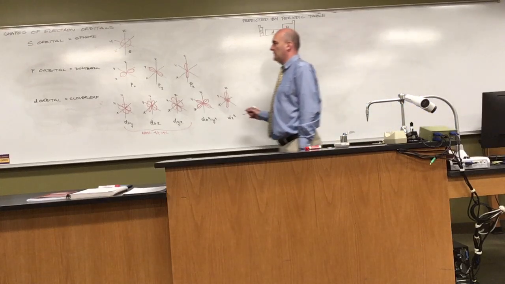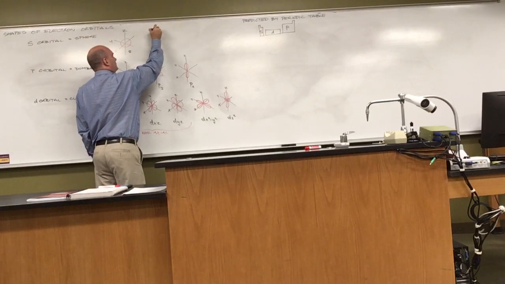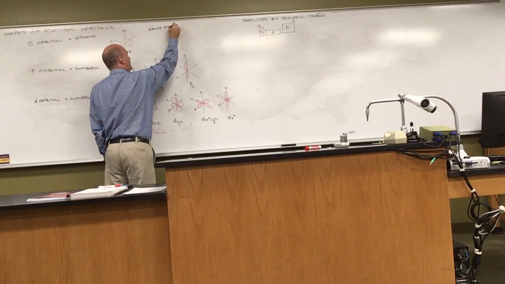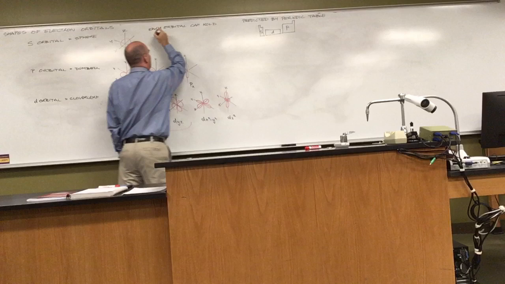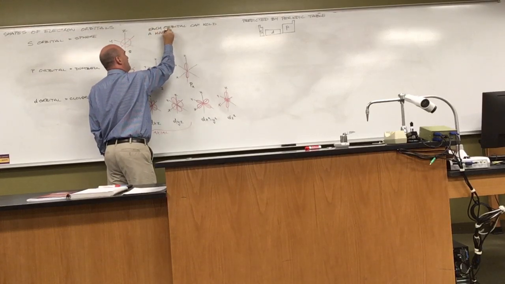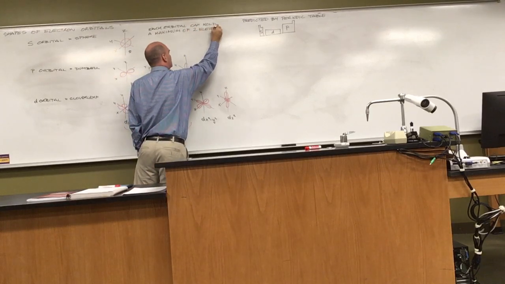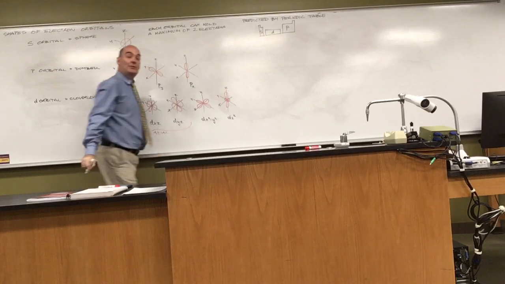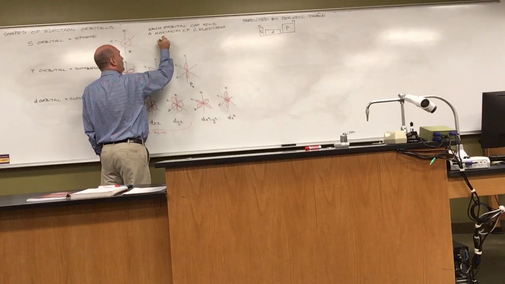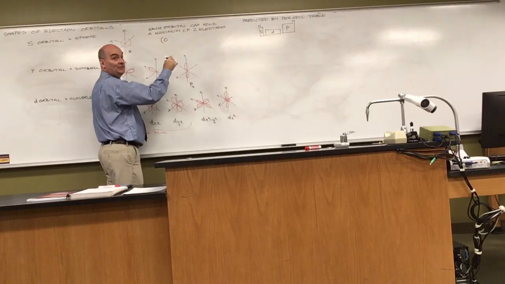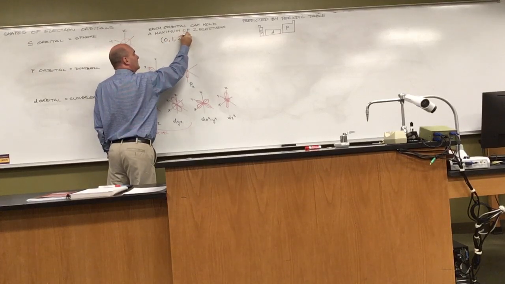Now, here's the thing. Each orbital holds a maximum of 2 electrons. So the occupancy of an electronic orbital could be 0, could be 1, or could be 2.